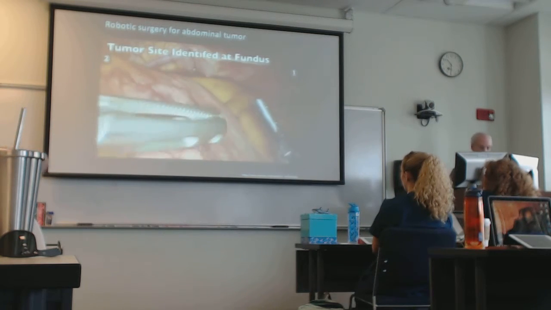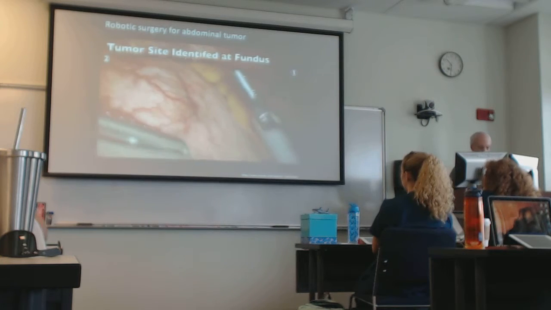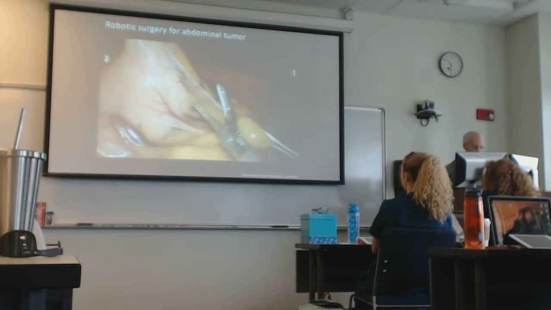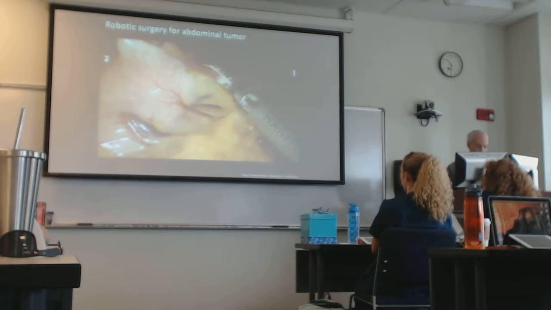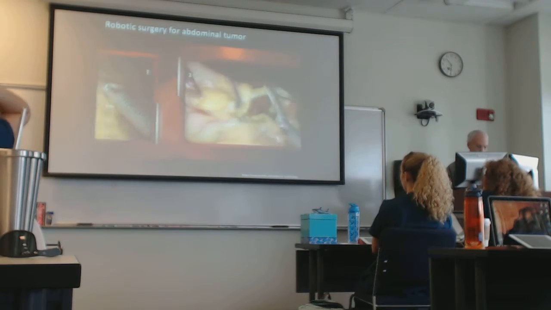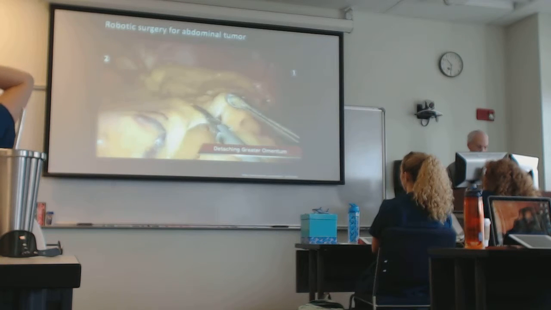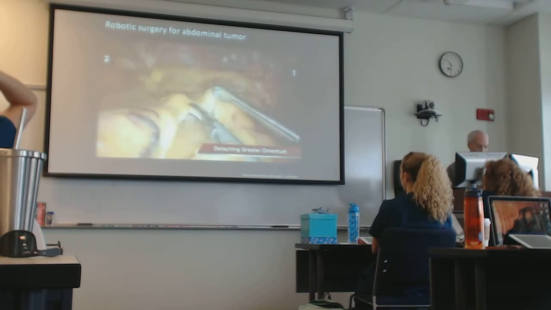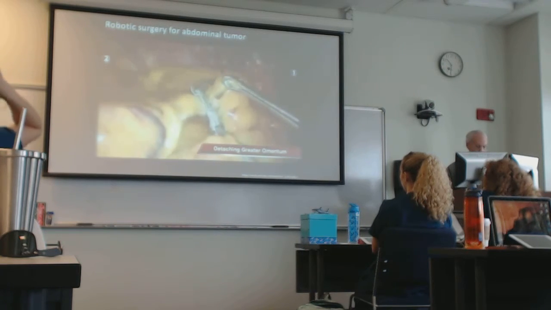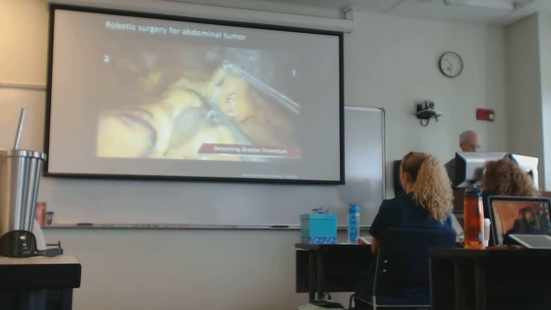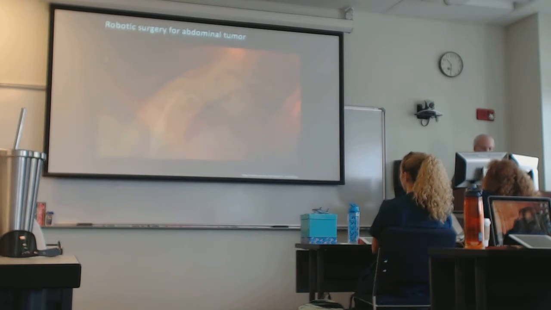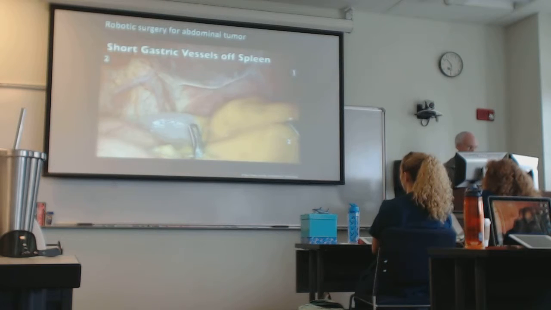So the tumor is in the fundus. You should know where the fundus is, superiorly. So they're removing the omentum for the reason that I suggested. As far as I know, that's the reason they're doing it.